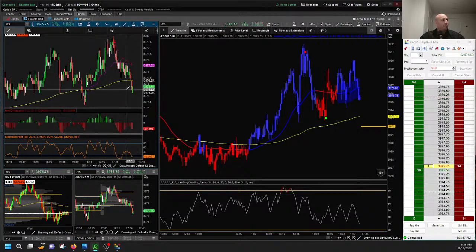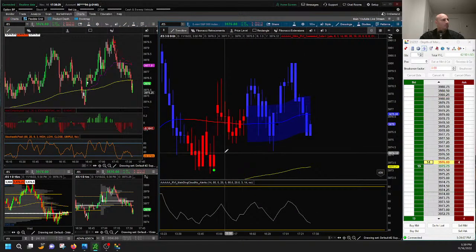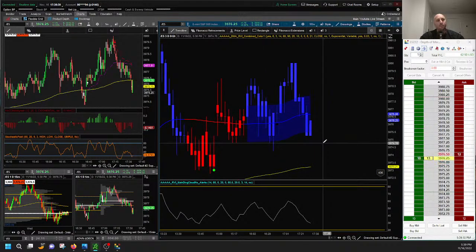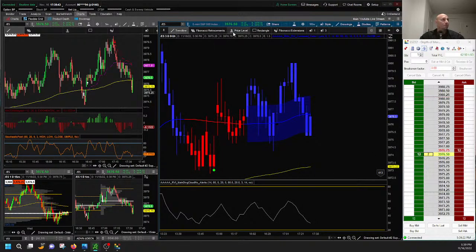But nice little quick kind of bounce, right? Right off that gap fill. Oh, look where else we landed, right? Wick, wick, body, body, wick, wick, wick, wick, or actually, sorry, I messed that one up.